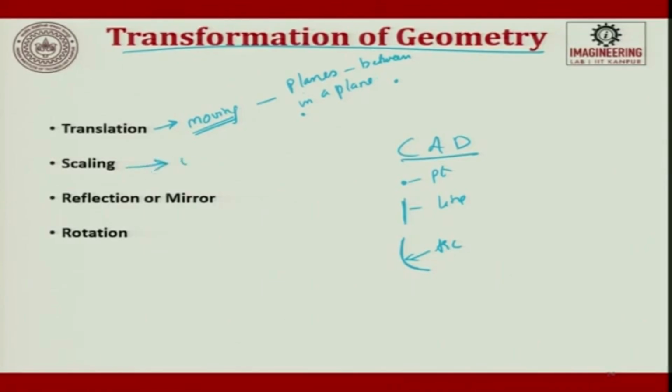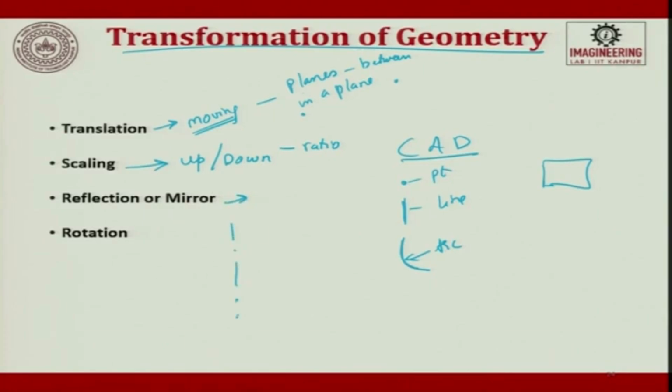Scaling is, as I already told, up and down in terms of ratios. It can be zoomed up, it can be zoomed down, and here you can follow some ratios. If you draw a figure like this, you can zoom up and then zoom down. It is simple mathematics which goes on such that this happens without any error in the drawn object. Next one is mirror or reflection.